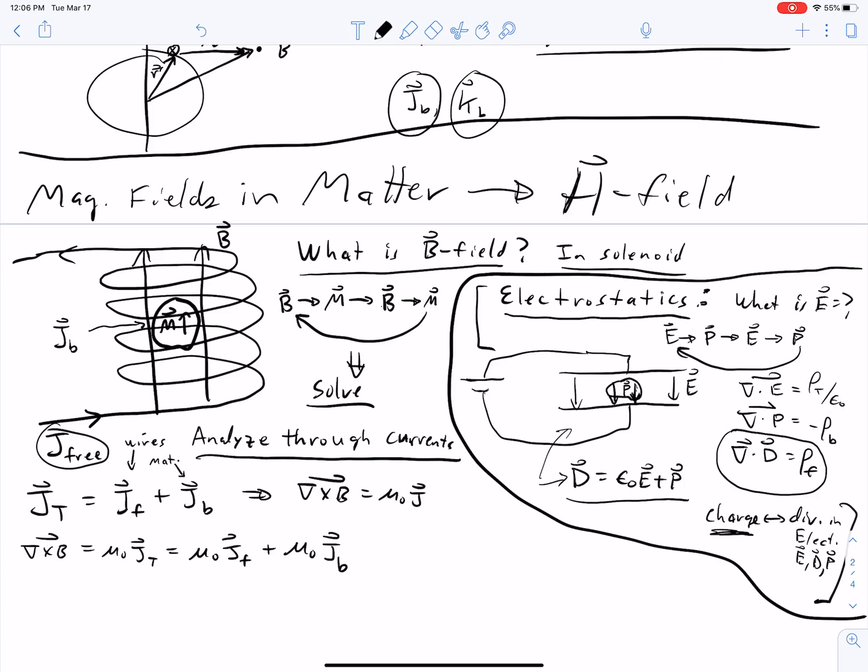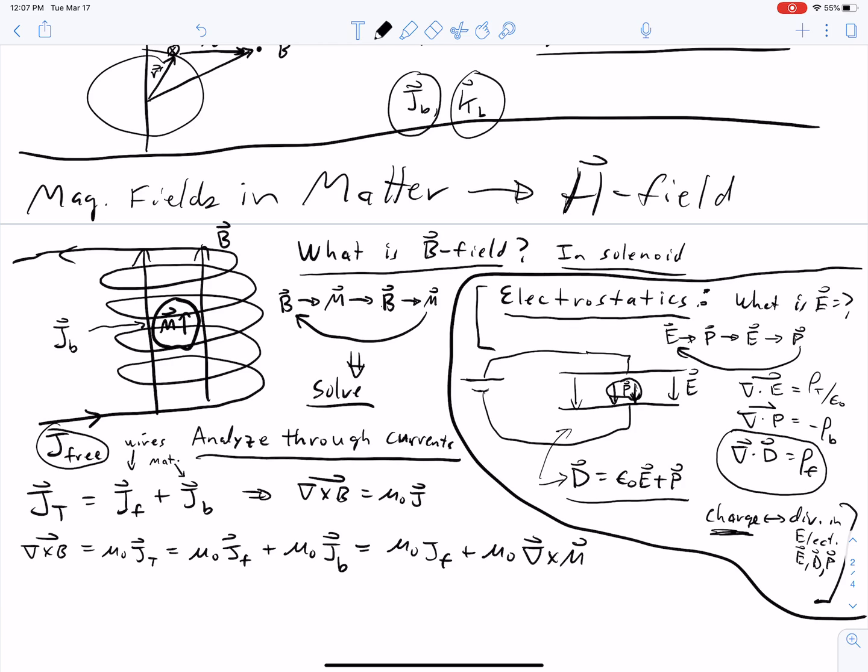But J bound, we know, is equal to del cross M, because that's the definition of the bound current. It's the curl of the magnetization.